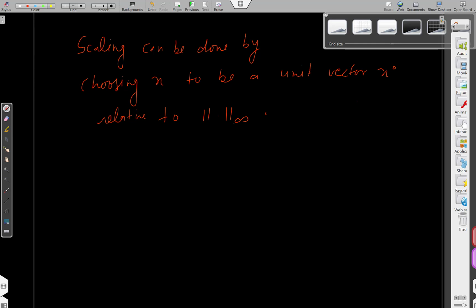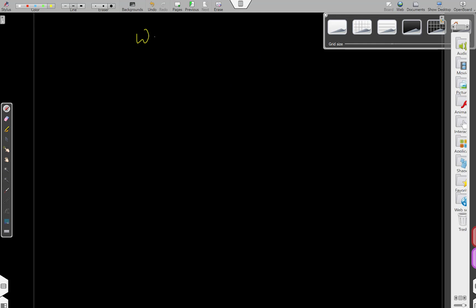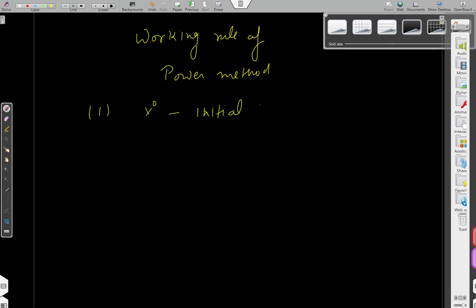Let us understand this method mathematically, and so write the working rule of the power method. So step 1 is what? We will assume an initial vector x0, that is the initial guess, or we'll say initial vector.